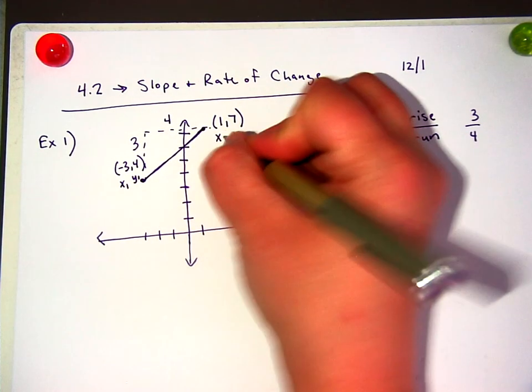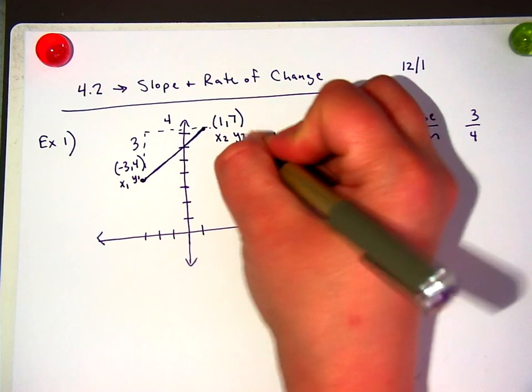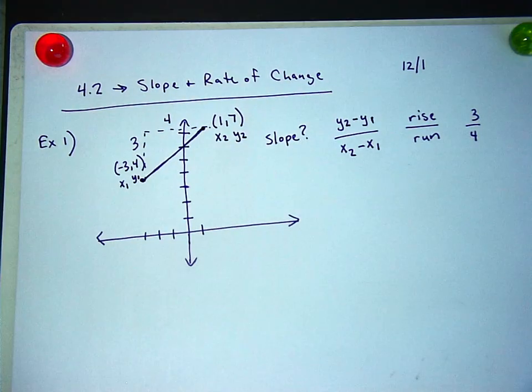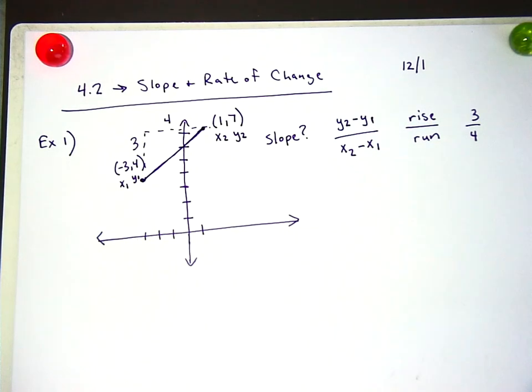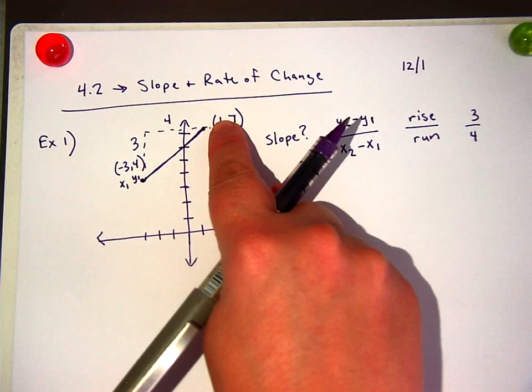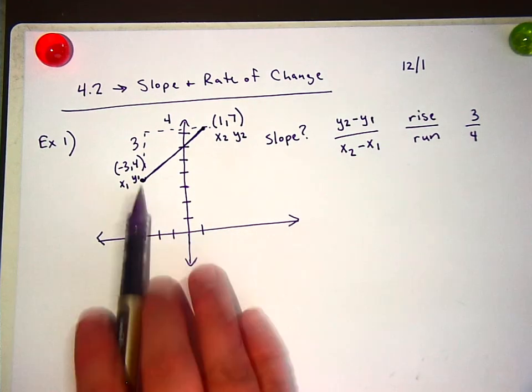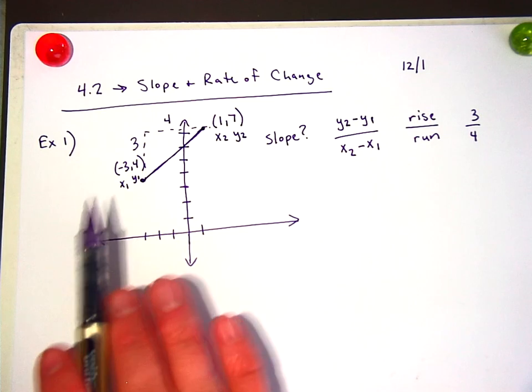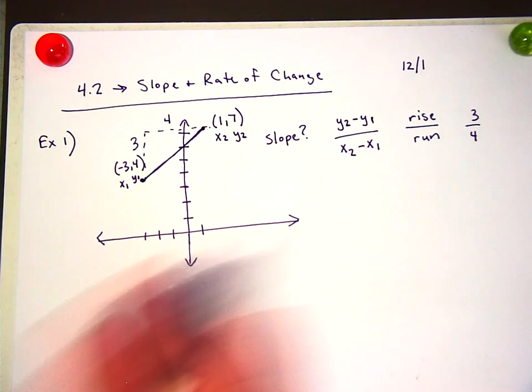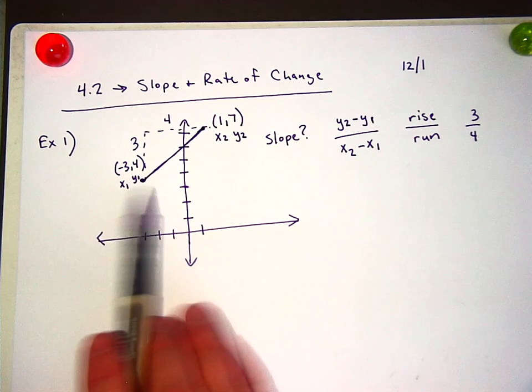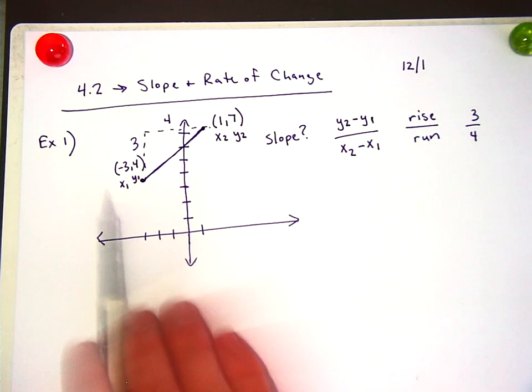This one is x2 and y2. Why is it called 2? It's just the second point. And by the way, you could have called this one the first point and this one the second one. It doesn't matter. Okay? As long as this one is x1 and y1 and they're both 1s or they're both 2s. That's important. You can't have like x1 and y2. They're both either 1s or they're 2s.